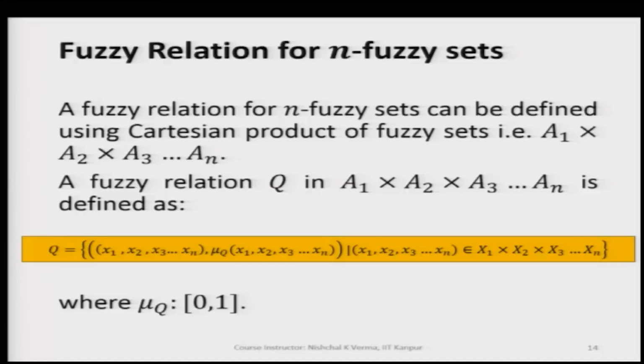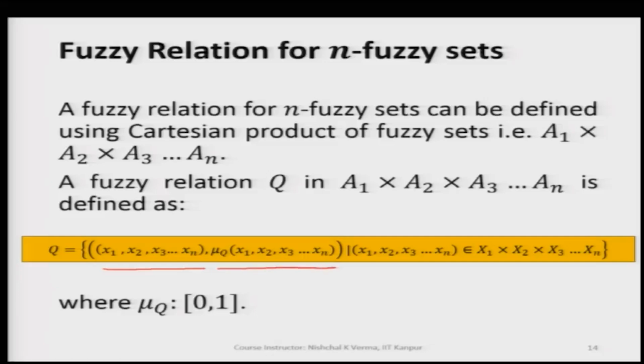So, here we have, as you see, x 1, x 2. This is not called ordered pairs; this is basically called small n tuples. The small n tuples are small x 1, small x 2, small x 3 up to small x n, and then the associated membership value.